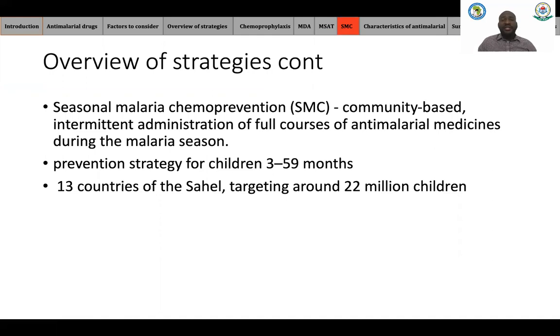The most significant case is the 13 countries of the Sahel region in West Africa, where they were targeting about 22 million children to treat them before the transmission season happens. This means when the malaria-transmitting vectors come and bite these people, they will already have the medication in their bodies, and the infection will not be established, or the parasite reservoir has also been dealt with.